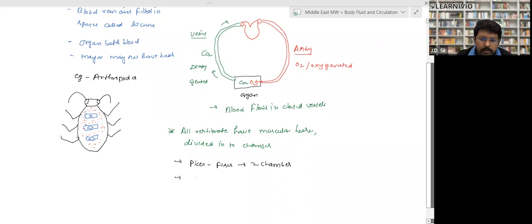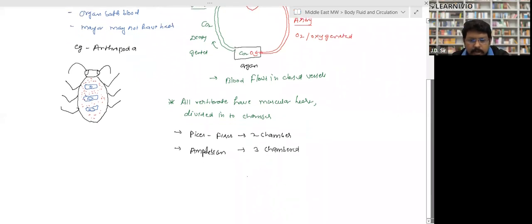Then the amphibians have a three-chamber heart. Then it comes to the reptiles, like lizards and snakes. Reptiles have a three-chamber heart, but there is an exception: the crocodile. Crocodile is a reptile, but it does not have a three-chamber heart.